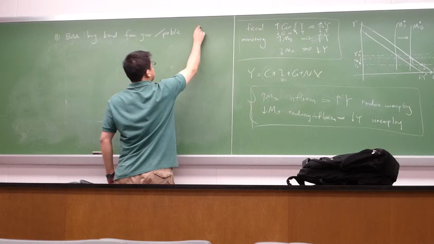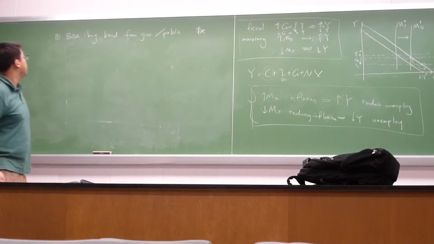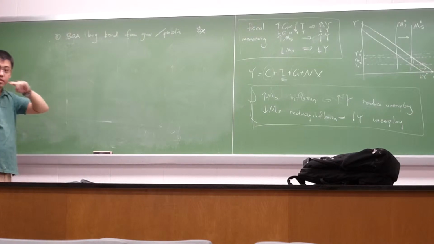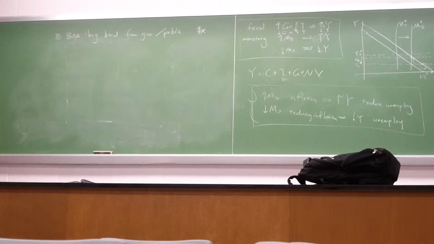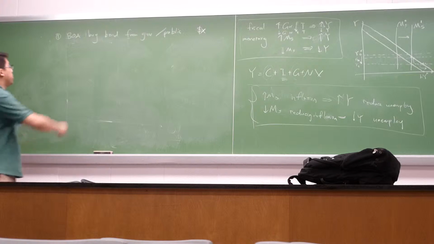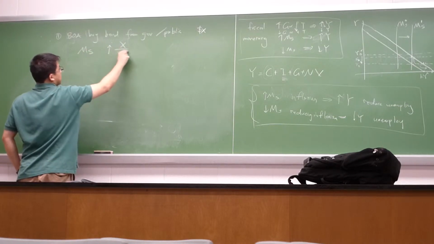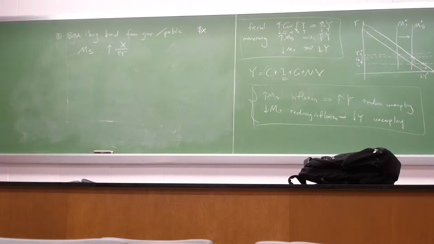If the first strategy is buying bonds, when they are buying bonds, they pay money to the public. So when they pay money, they print money. So the money supply will increase by X over the reserve rate, one over the reserve ratio R, which is the multiplier.